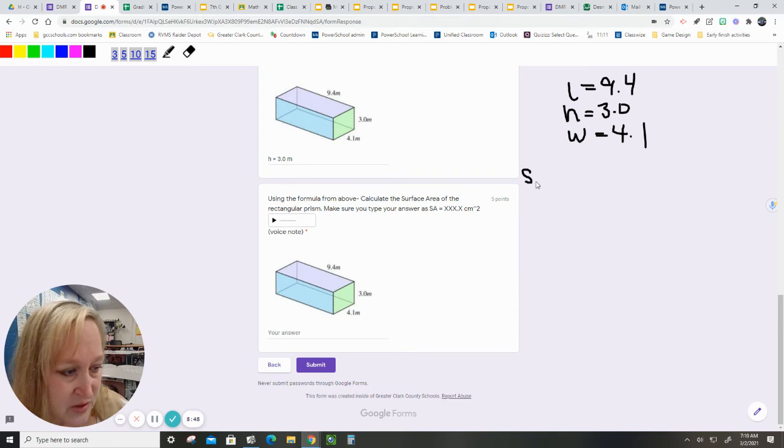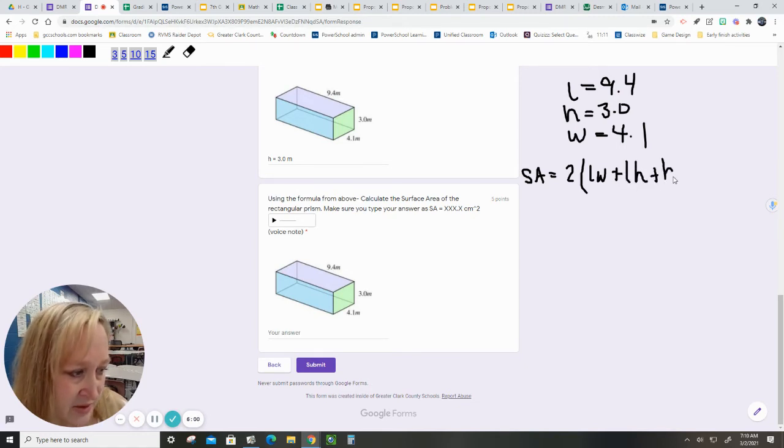So then you're finding the surface area equals 2 times LW plus LH plus HW. So now I just substitute in the numbers. Where I see an L, I put the 9.4. Where I see the W, I put the 4.1.